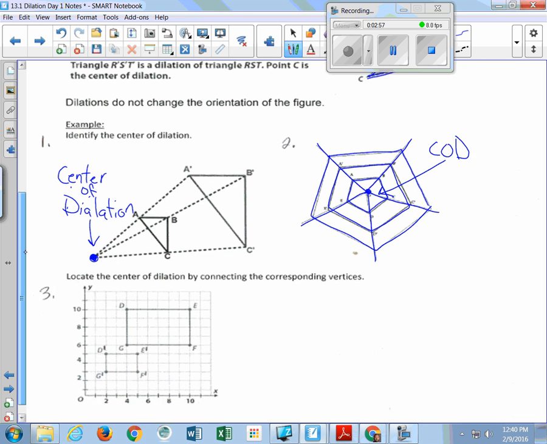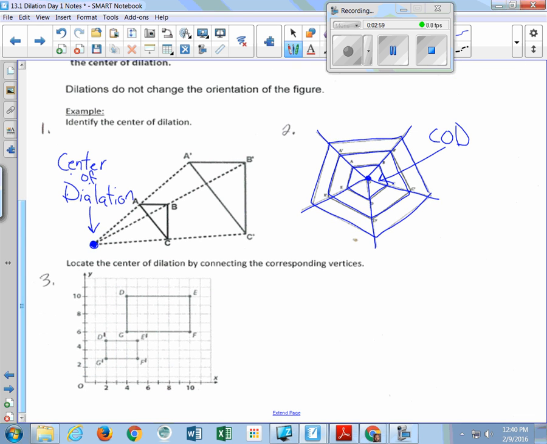All right, locate the center of dilation by connecting the corresponding vertices. So if I'm going to do this, I'm going to take D and go to D prime. I'm going to try to make it as straight as possible. Try. Oh, that's not very straight.